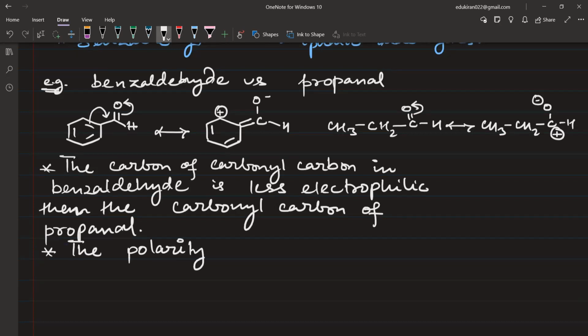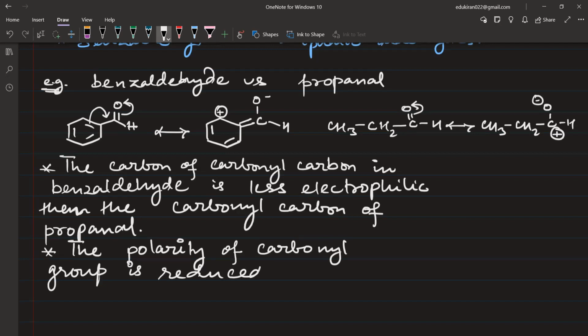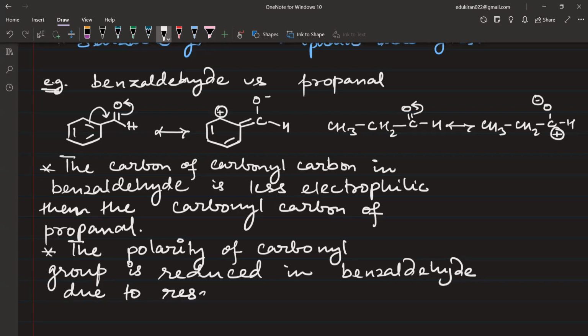The polarity of the carbonyl group is reduced in benzaldehyde due to resonance. Two of the most important phrases here are "less electrophilic" and "due to resonance." Please remember this.